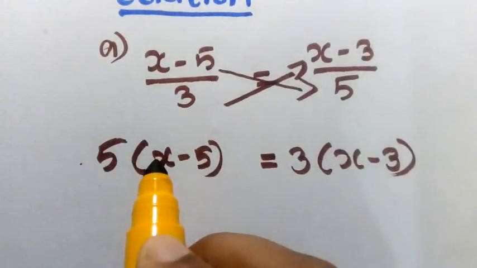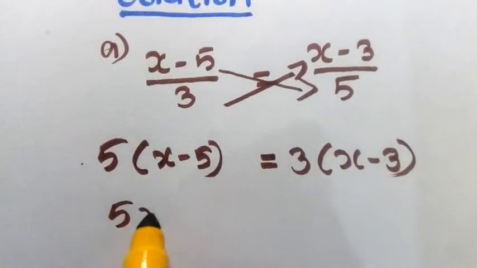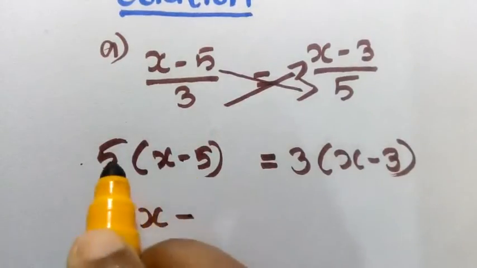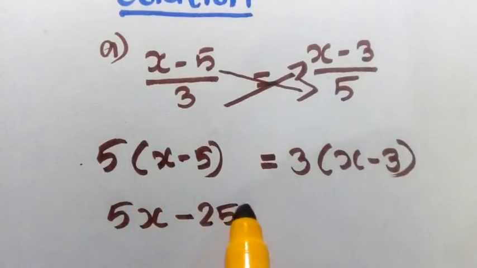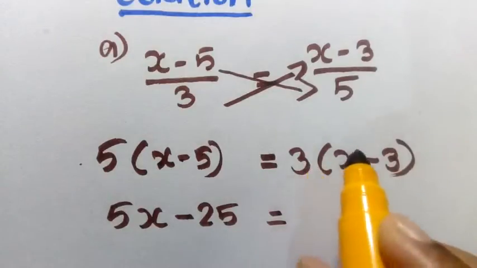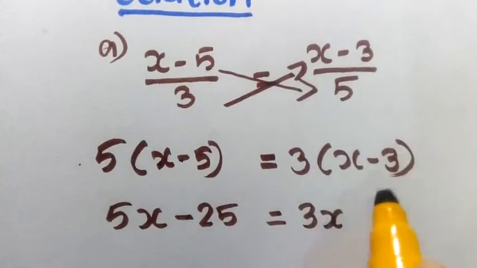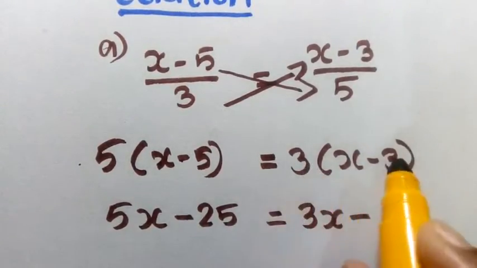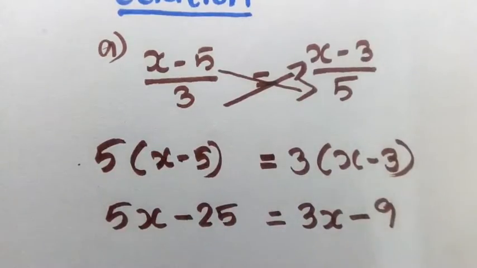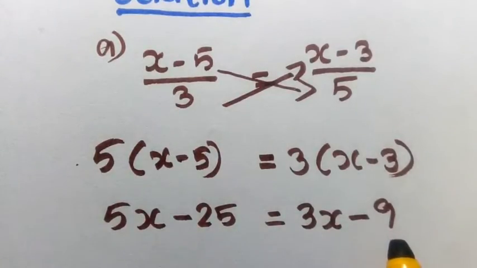So 5 into x is 5x, minus 5 into 5 is 25, is equal to 3 into x is 3x, minus 3 into 3 is 9. Next we are transposing 3x to the LHS and negative 25 to the RHS. Bring the like terms, that is, variables on one side and constants on the other side of the equation.